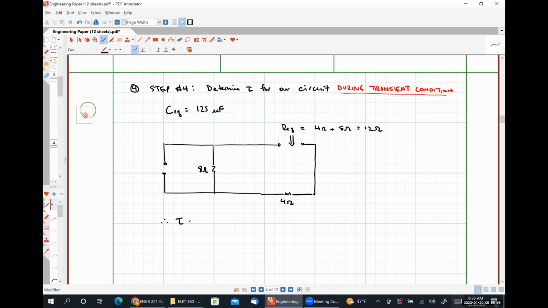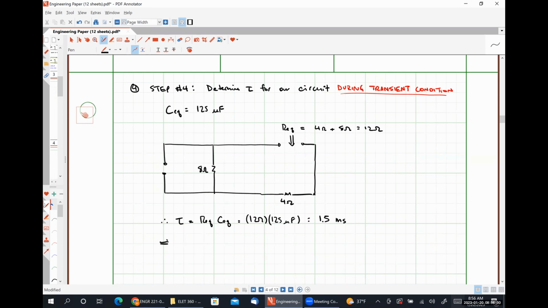our time constant tau is just Req times Ceq. So that's 12 ohms times 125 microfarad. So 12 times 125 times 10 to the minus 6 is 1.5 milliseconds.